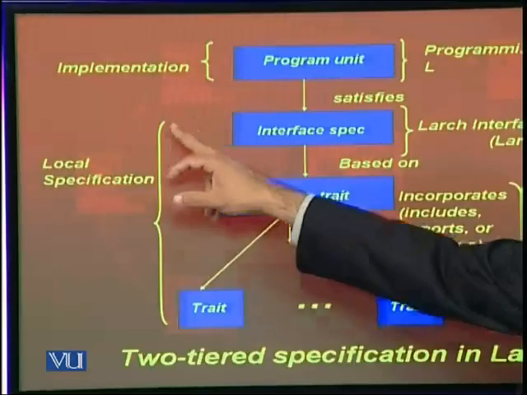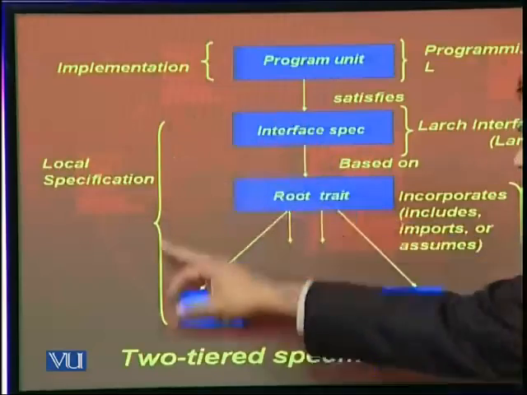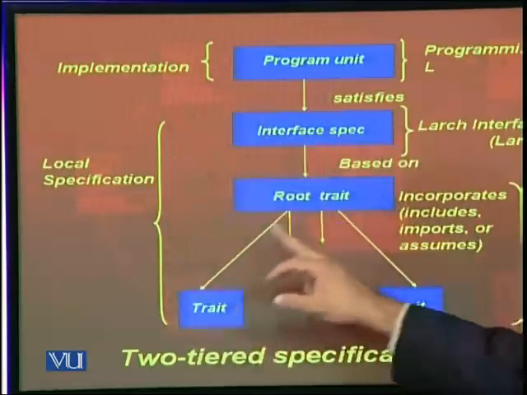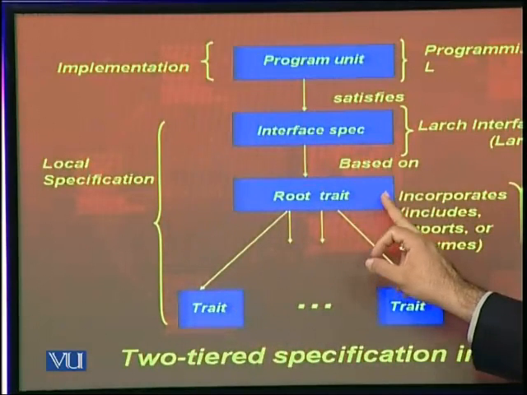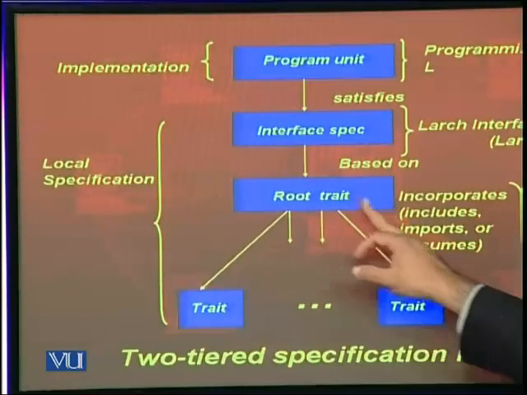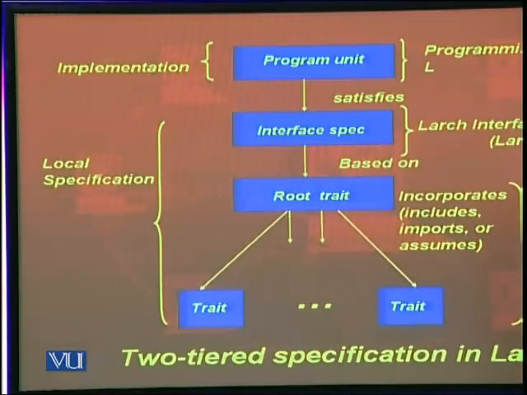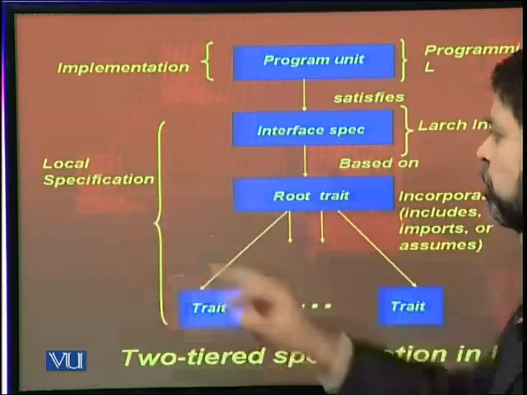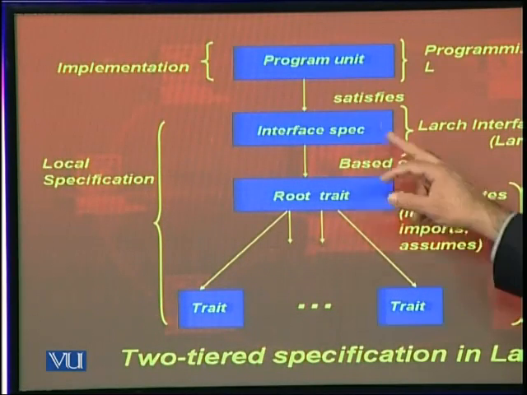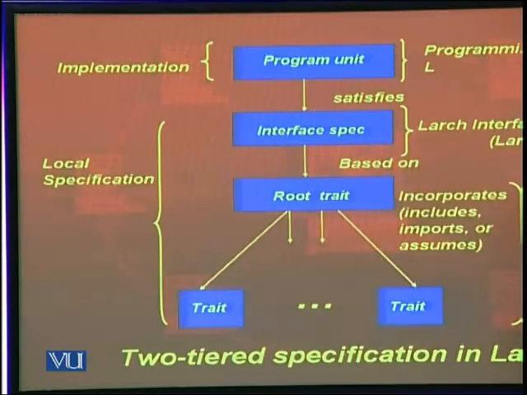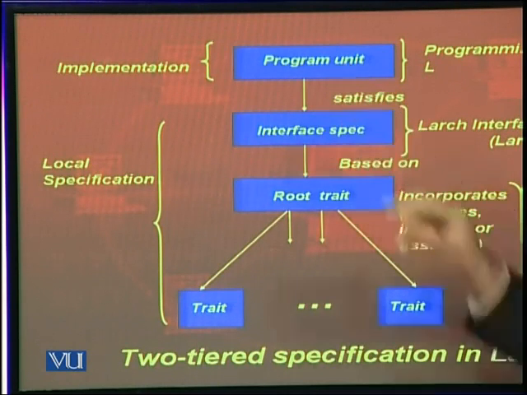So both of these, the interface specification and the traits that we have here, they form what is known as the local specifications. This is the specification part of our system. And then we have the program units.